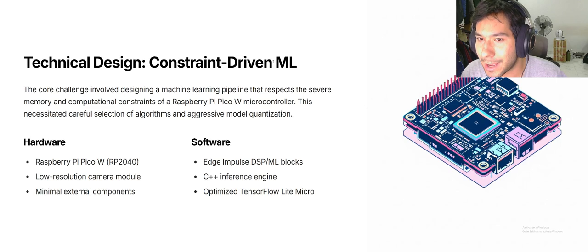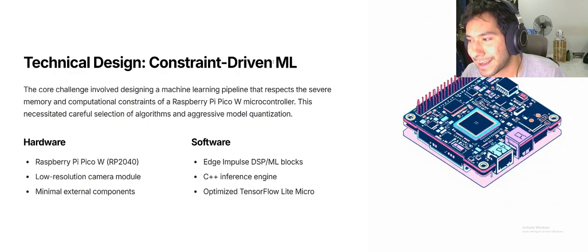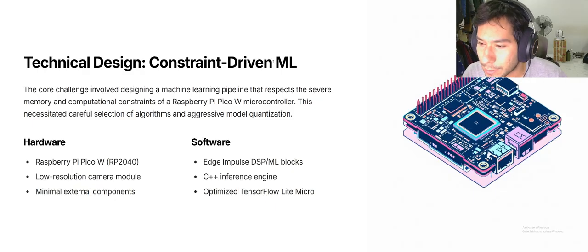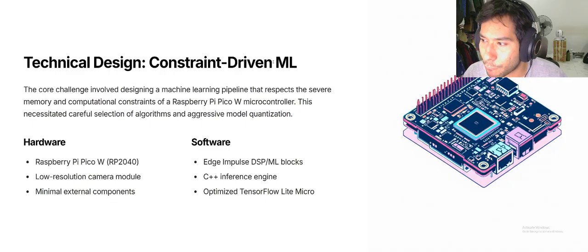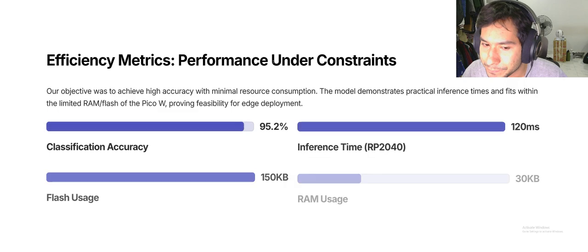The results that we're trying to obtain are constraint driven here, meaning that we're working with very limited hardware, as I mentioned, the Raspberry Pi Pico W, and we're also working with Python libraries, but we also want to implement the Edge Impulse platform. In this case, this implementation, once deployed on the Raspberry Pi Pico, is going to be transported to the platform.